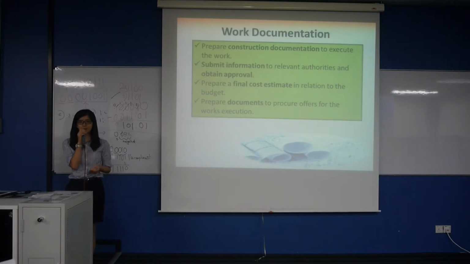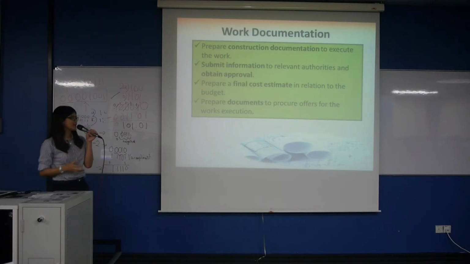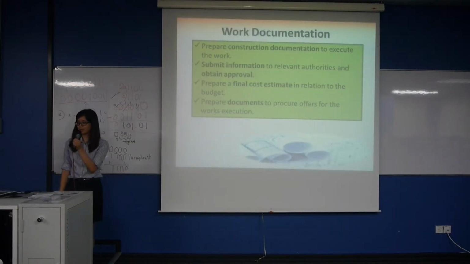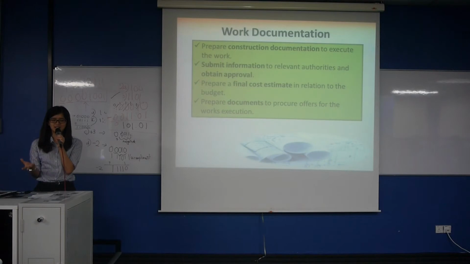They also need to prepare a final cost estimate in relation to the client's budget, and prepare a document to procure offers for the work execution. If needed, they will also provide additional drawings for their clients.